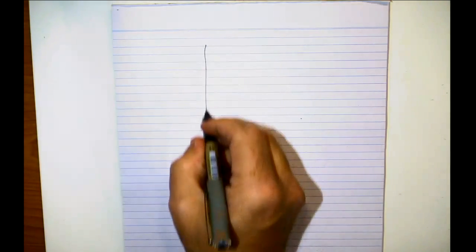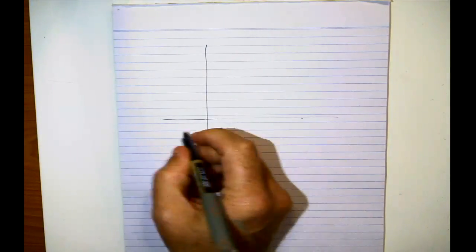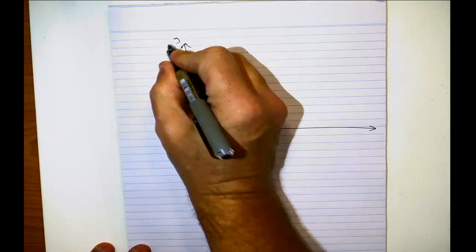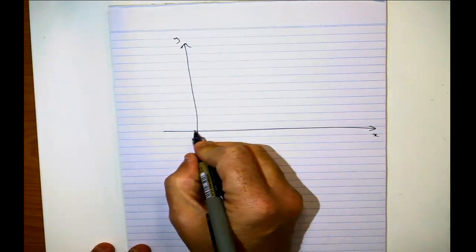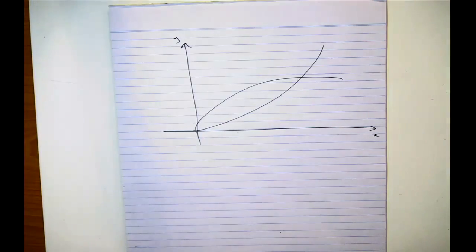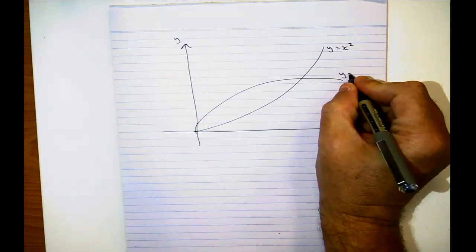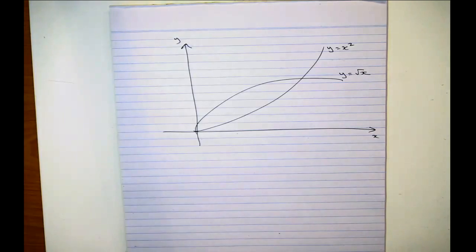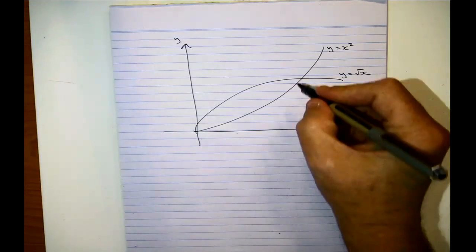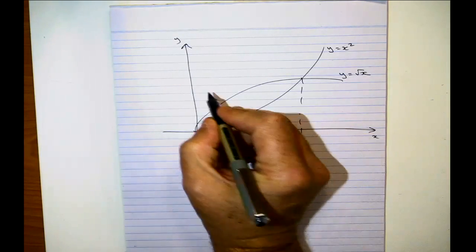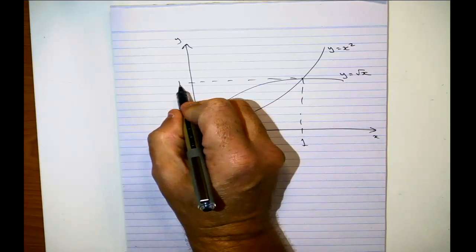So a classic sort of question you might have done in the past, for example, is something like: find the area bound by the functions y equals x squared and y equals root x, where these intersect at 0 and 1.